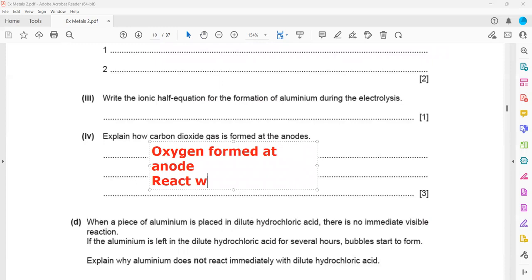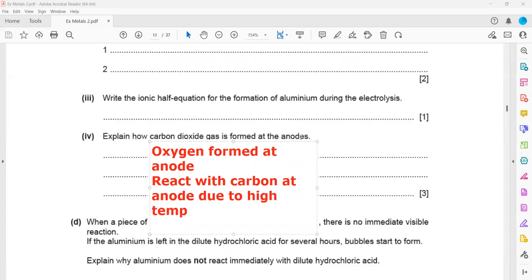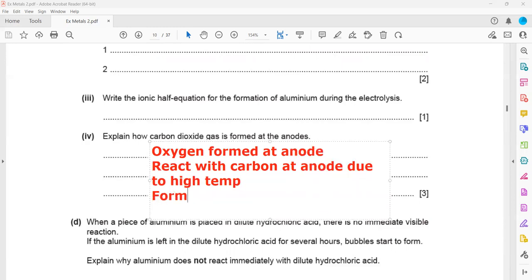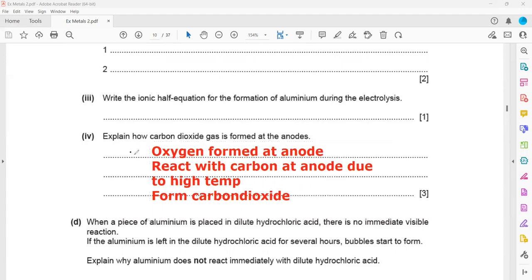It reacts with carbon at the anode due to high temperature, and as a result, it will form carbon dioxide. So the oxygen formed at the anode, 1 mark. React with the carbon at the anode, 2nd mark. Due to high temperature, 3rd mark.